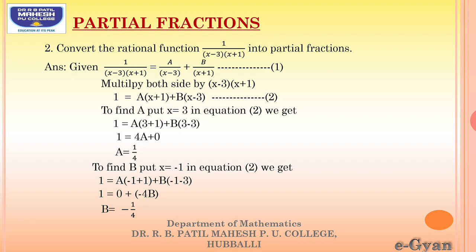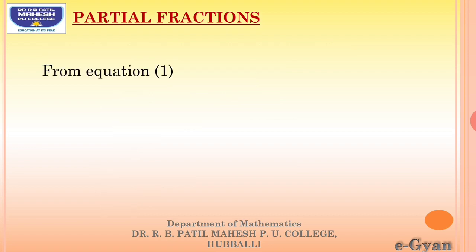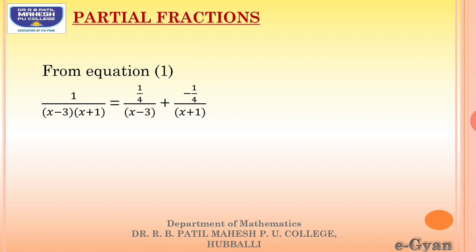Now these two values we substitute in equation number 1. So from equation number 1, we get 1 by x minus 3 into x plus 1 equal to a equal to 1 by 4, denominator is x minus 3, plus b equal to minus 1 by 4, denominator is x plus 1.